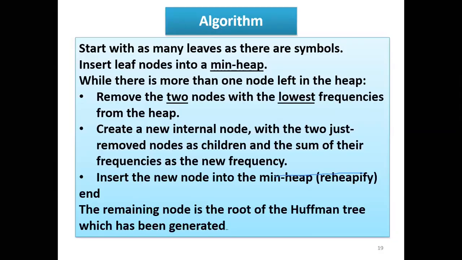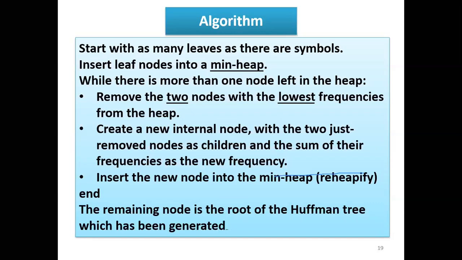So this is just an algorithm to explain more about the steps that we need to take. The algorithm says that we need to insert the nodes into a min heap, and we have to remove the two nodes with the lowest frequency from the heap.